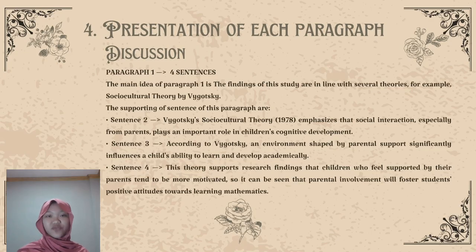And in sentence 4 contains that this theory supports the research finding that children who feel supported by their parents tend to be more motivated. So it can be seen that parents' involvement will foster students' positive attitudes towards learning mathematics.